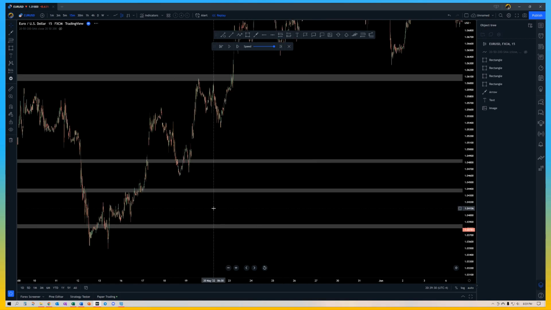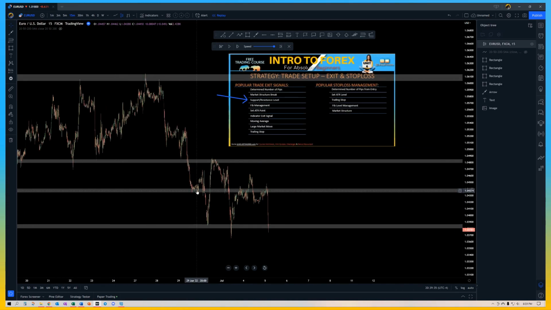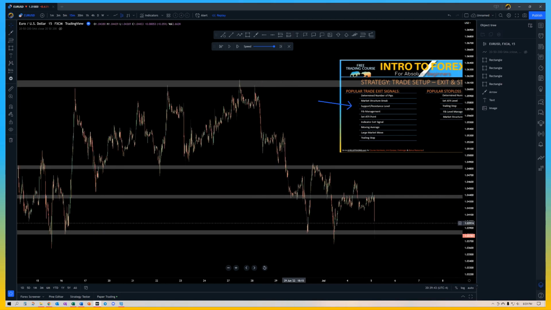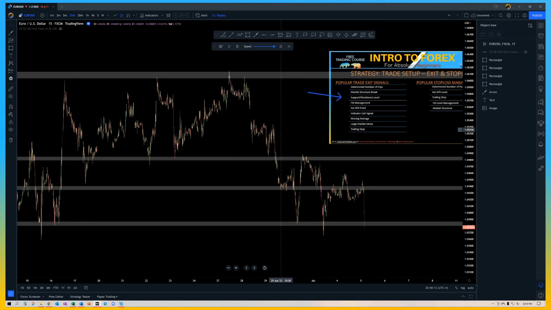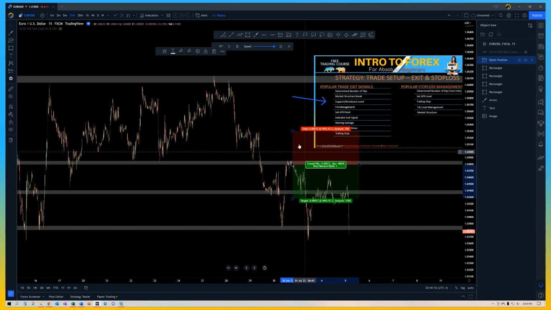Let's see if we had any respect back here, just out of curiosity. Not a lot right there, but over here you do have some reactions of a minor level. So we've marked those levels of support and resistance, and in using support and resistance as an exit signal, it might look something like if you had your entry here.